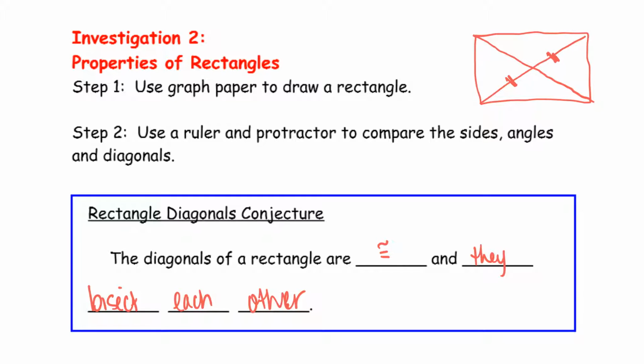But keep in mind, if the diagonals are congruent, all 4 of those segments would be the exact same length. So I know, for instance, if this is 10, this part has to be 10, this is 10, and this is 10.